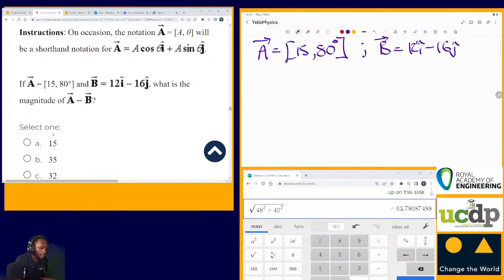So what are we asked to find? Well, we have to find the magnitude of vector A minus vector B.